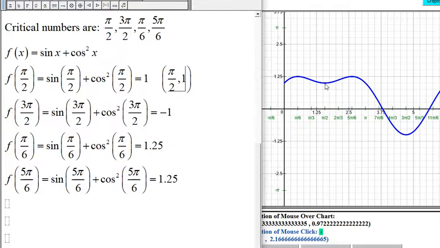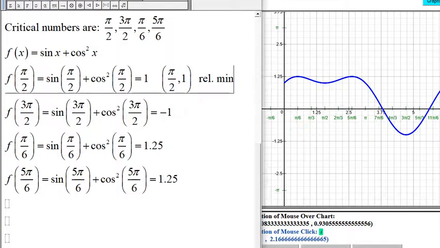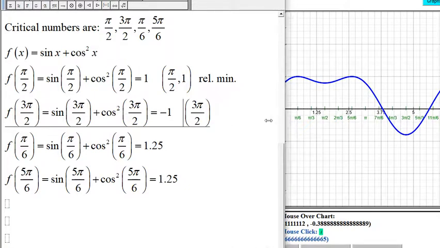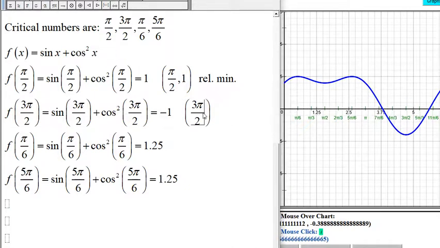So this point right here is a relative minimum. And then when x is 3 pi over 2, which is right here, we get negative 1. And this point is a minimum, so it's the lowest point on the graph.